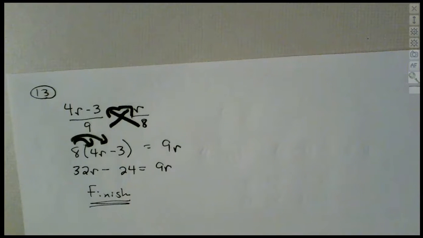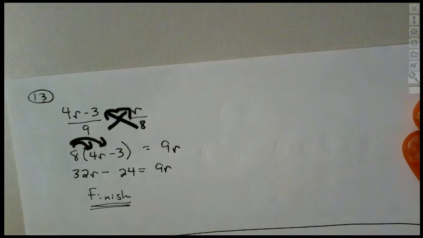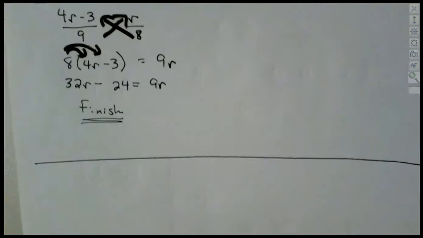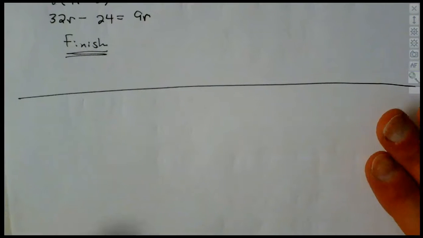The last question that we asked about was question 20. And what we're doing for question 20 is we're going to try to find the best buy and give the unit price. So for question 20, we need to set up our ratios again.